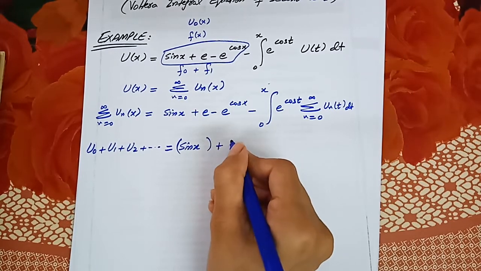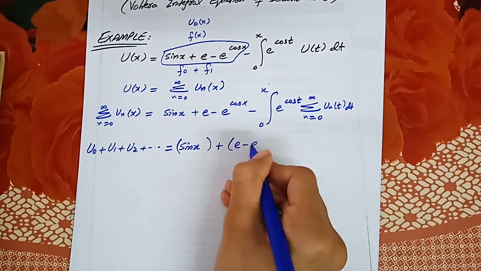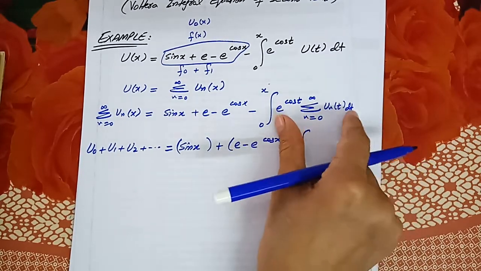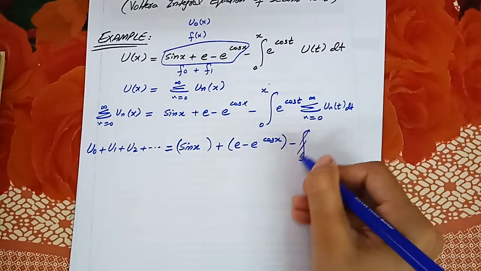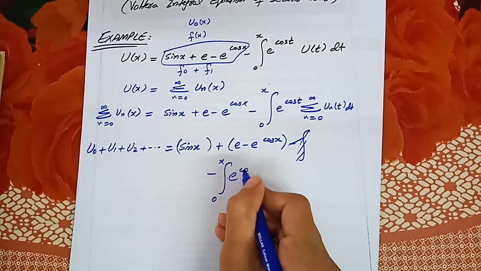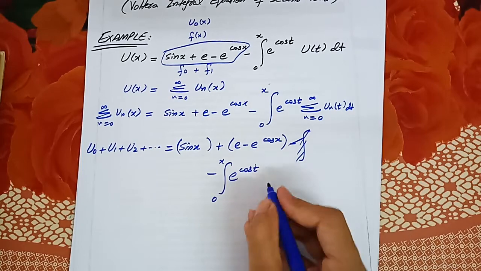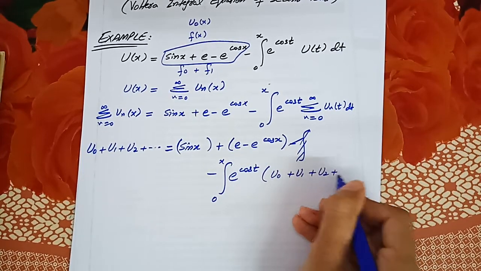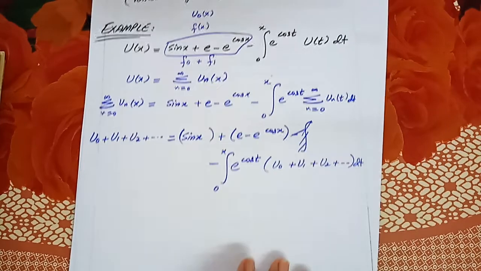So I can write it as e minus e cosine of x. Now let's expand this one: 0 to x e cosine of t, and expanding, I will get u naught plus u1 plus u2 and so on, dt.